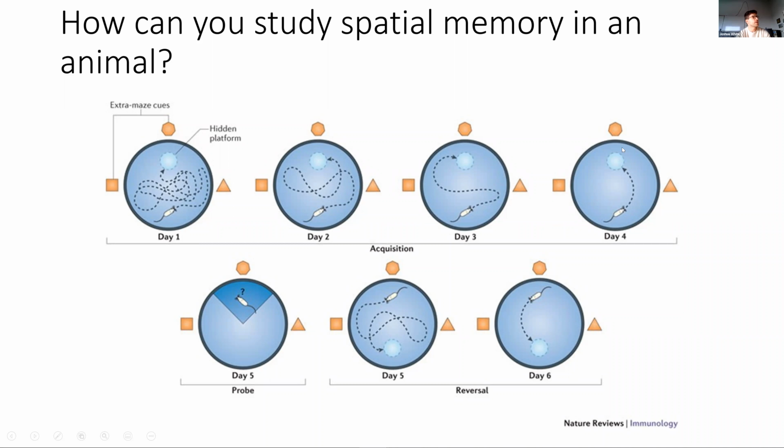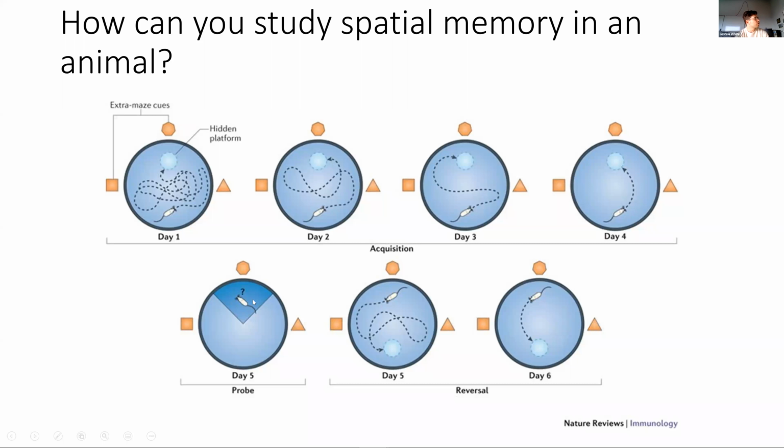Something like this with a hidden compartment with food would be the exact same process. Eventually, the animal would learn where the platform or the food is, and their route is the readout here. The fact that it takes much less time to get there tells you that a spatial memory is being formed and maintained.